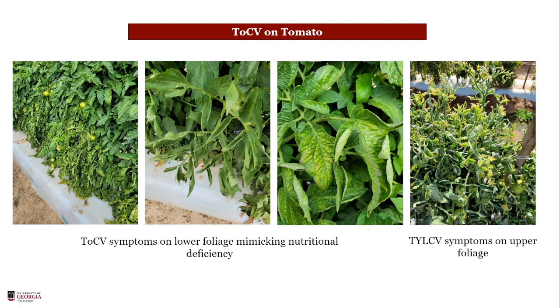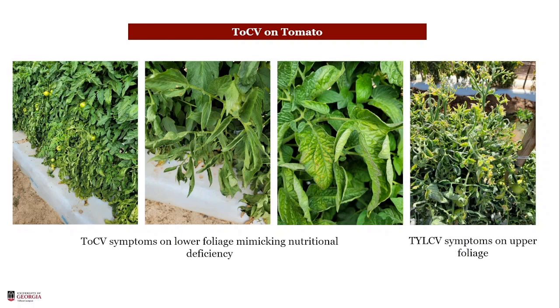Now look at the ToCV symptom. When we went to the field, I was told that these symptoms were nutritional. The virus mimics the symptoms of nutritional deficiency. In this case, it is magnesium deficiency. If there is a magnesium deficiency, the symptoms look like this, where we have symptoms in the leaves, or the leaves are folding and more turgid.